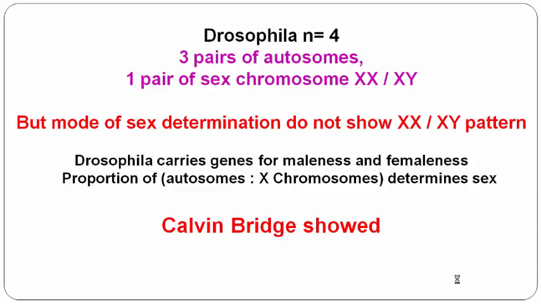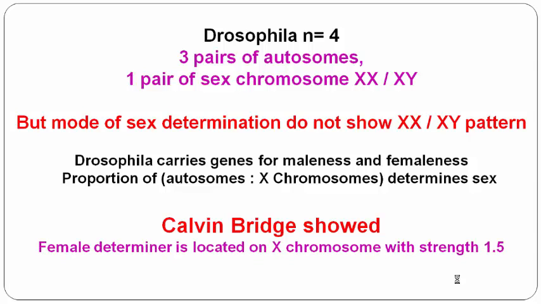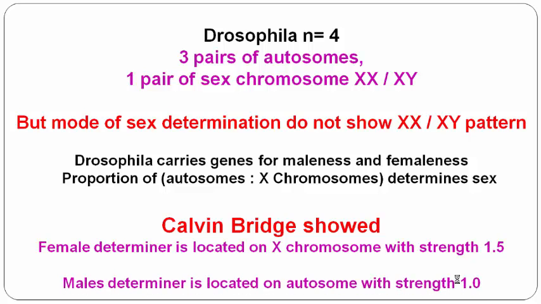Calvin Bridges showed that the female determiner is located on the X chromosome with strength of 1.5 and the male determiner on autosomes with a strength of 1 for the autosomal genome.